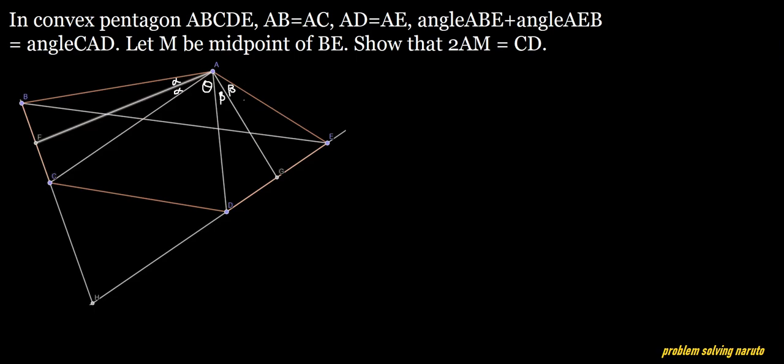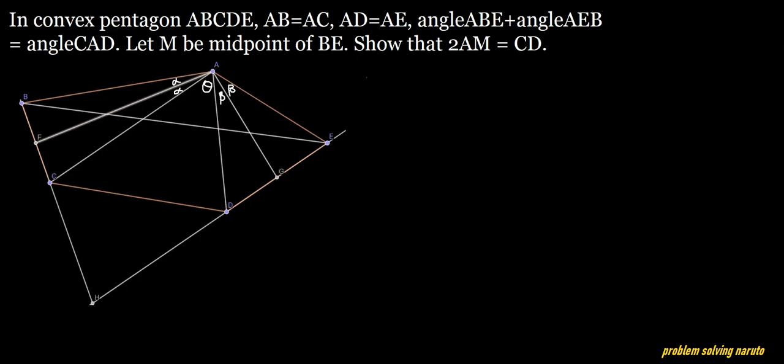And why would I want to do that? Because I know that the sum of this angle plus this one is theta. So if you consider all the angles of triangle ABE, we have theta plus 2 alpha plus 2 beta, right?